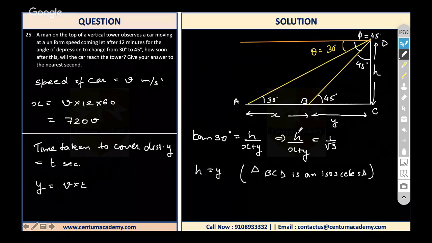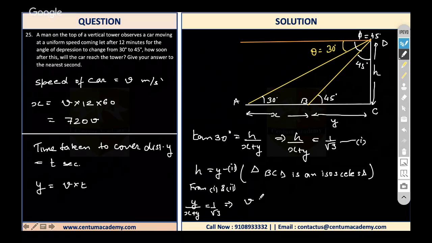So hence you can write, from 1 and 2. Let's say this is 1 and this is 2. So from 1 and 2, what can I say? I can say y upon x plus y equals 1 by root 3. Isn't it? So this implies, what was y?